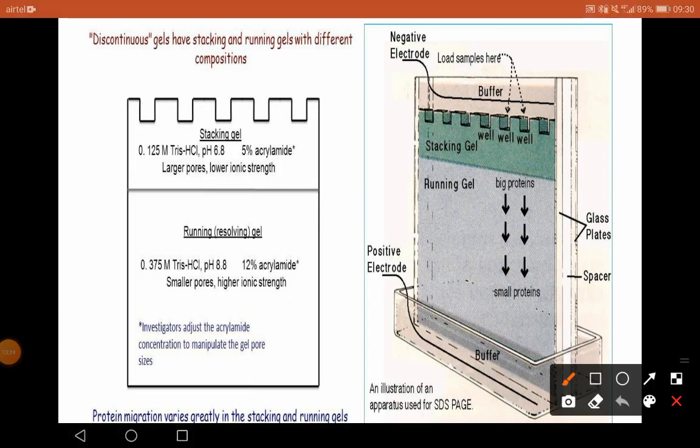I told you that this gel is vertical, not horizontal. This gel is prepared in two strengths. One is the stacking gel, and the other one we call the resolving gel, right?